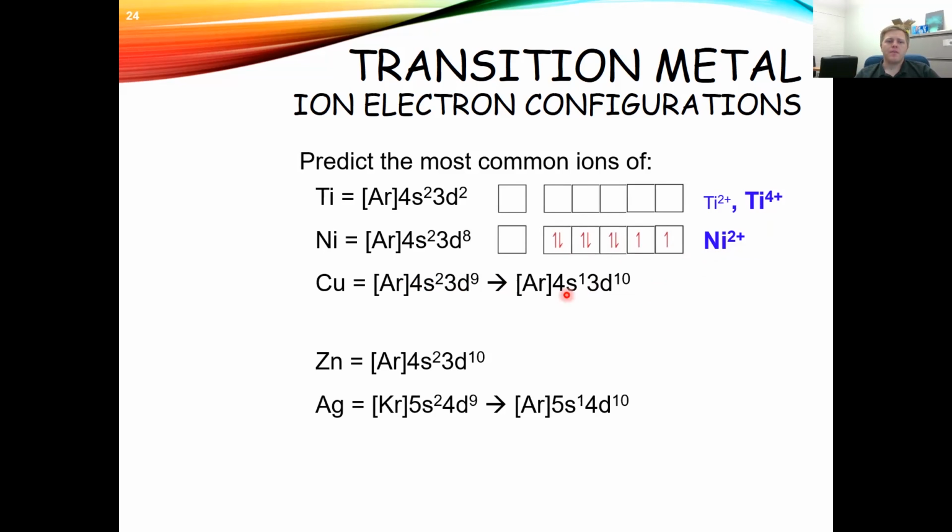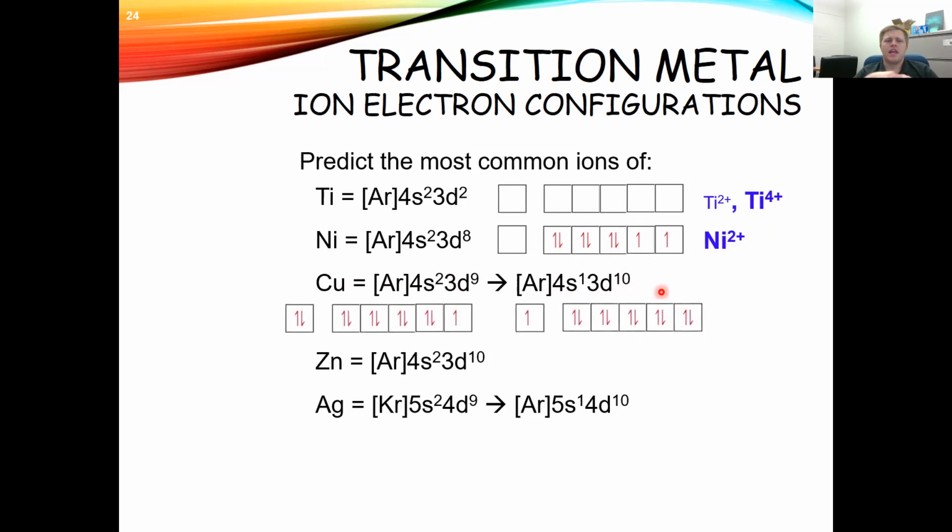Now, copper is a fun one because copper, like we said, can steal an electron from the 4s orbital and bring it down to the 3d subshell so that you have 10 electrons or a full subshell at the 3d level. And so copper actually has these 2 different possible electron configurations where you have 2 s electrons or you only have 1.